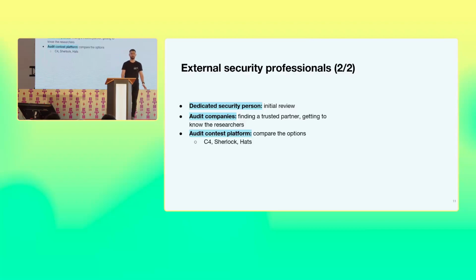Okay, once your traditional audit is done and you fixed all your issues and your fixes are reviewed, it's time to go for a contest. With a traditional audit, you only have 2 or 3 sets of eyes looking into your code, and it is insufficient.